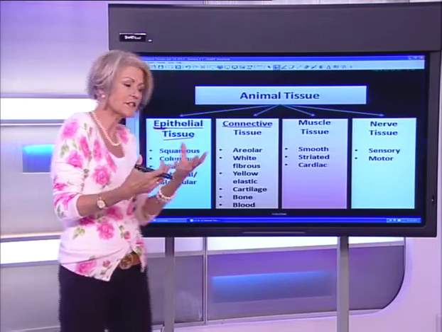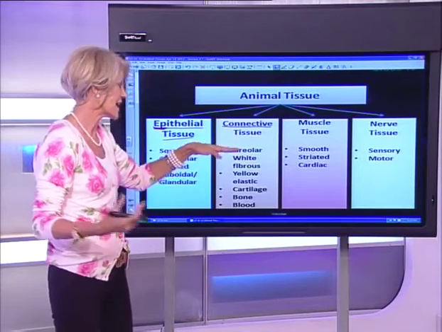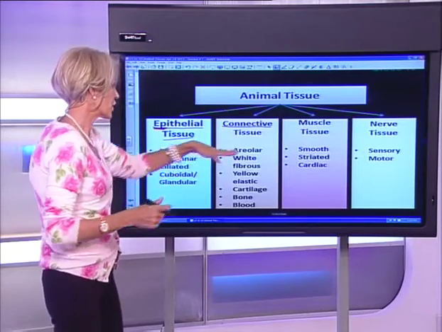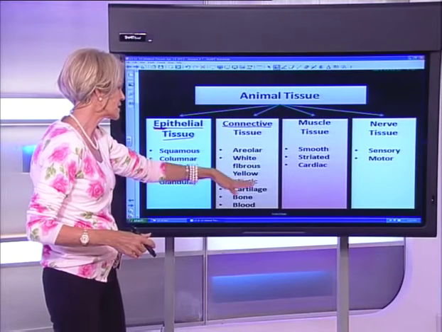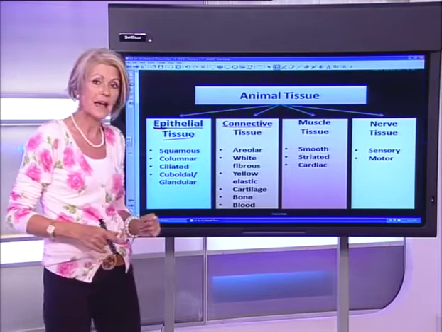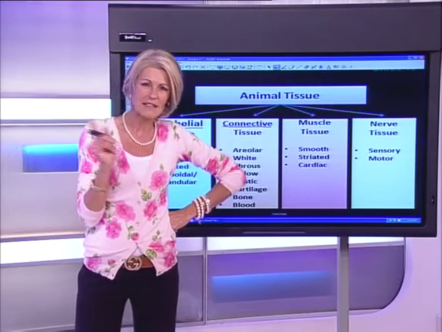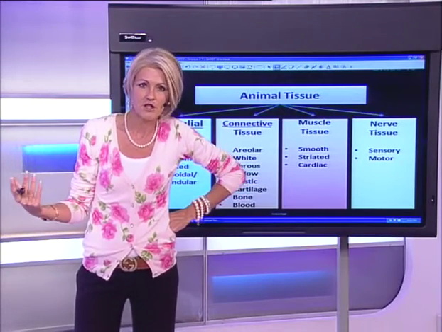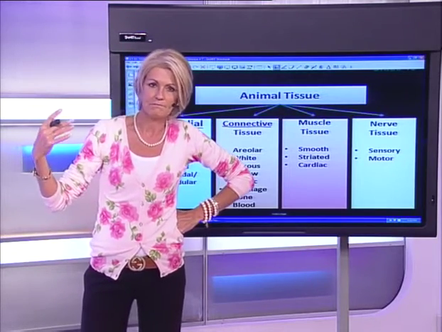And that's what connective tissue is. It connects things. So we've got areolar, white fibrous, yellow elastic, and cartilage, and we have bone and we have blood. And you say, now hold on, blood, how can that be connective tissue? What's blood?